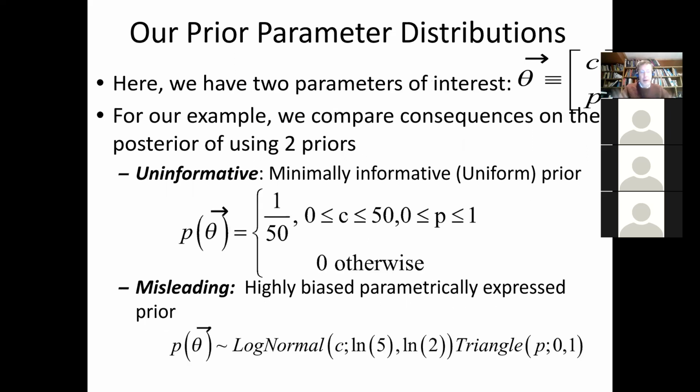For example, for our case where our parameters are C and P, the contact rate and the value of transmission, actually P here, I said earlier was the probability of transmission per discordant contact, but that's actually not correct. I stand corrected.